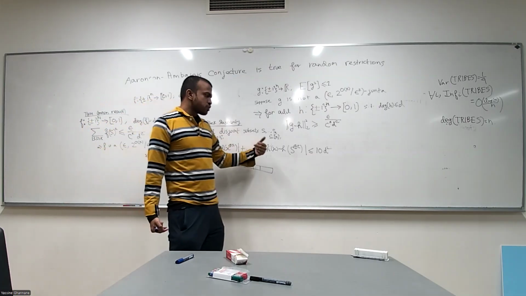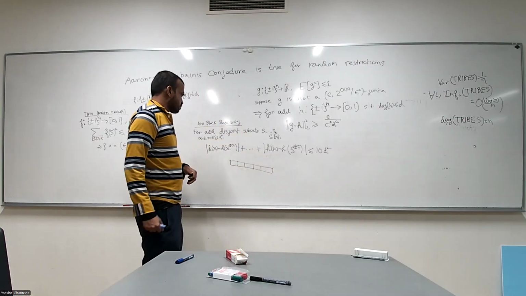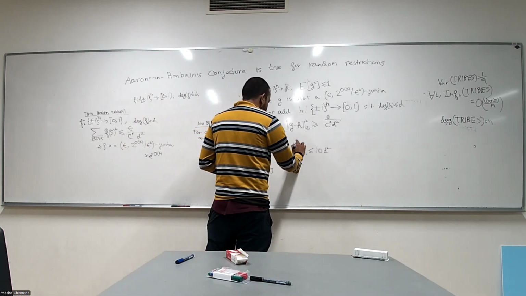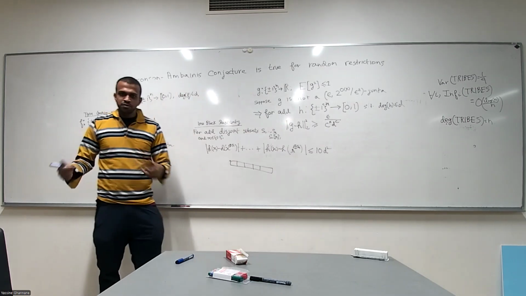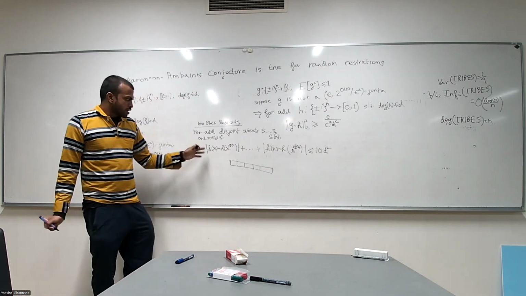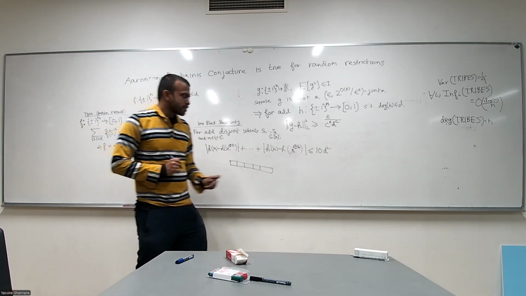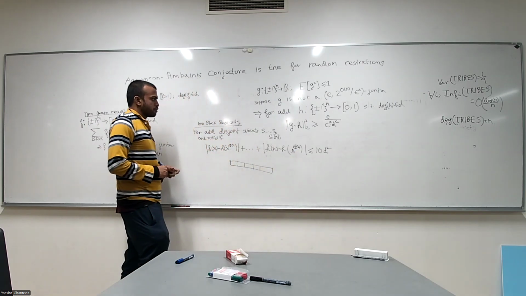You do the same for S2, S3, and so on. So for each of these subsets, you flip the coordinates in that subset and see how much H changes in absolute value. There's a known result which says that the sum of the magnitudes of all these changes is bounded by order t squared. And we're going to use this.